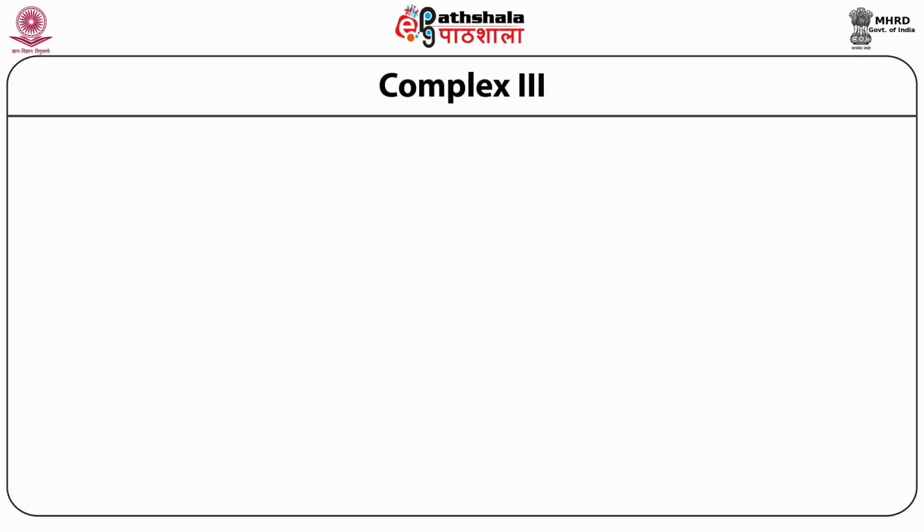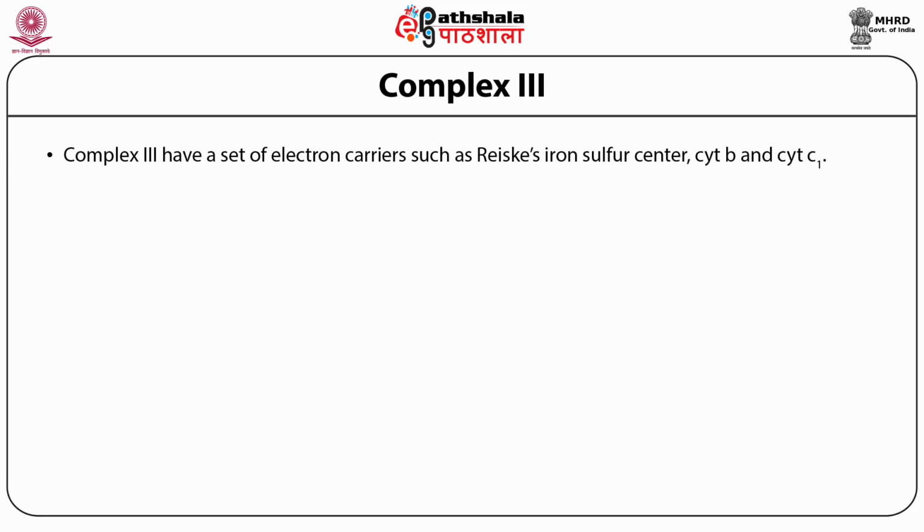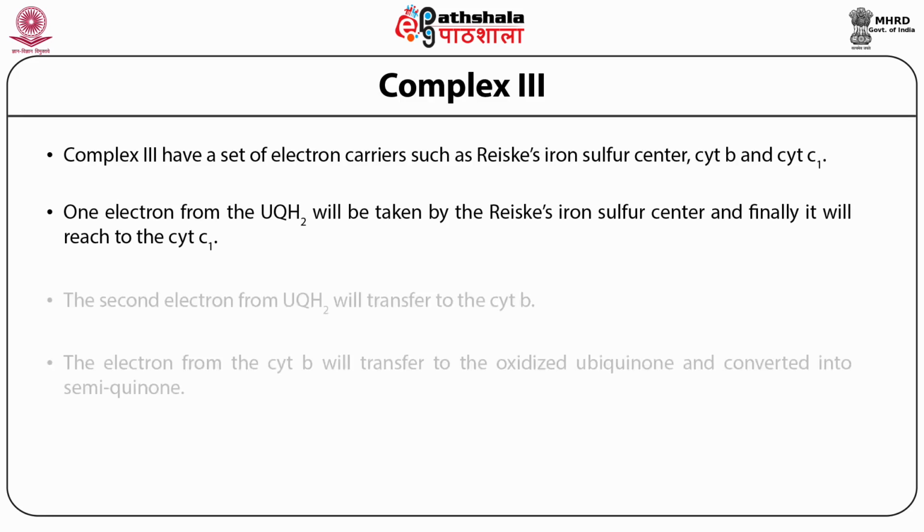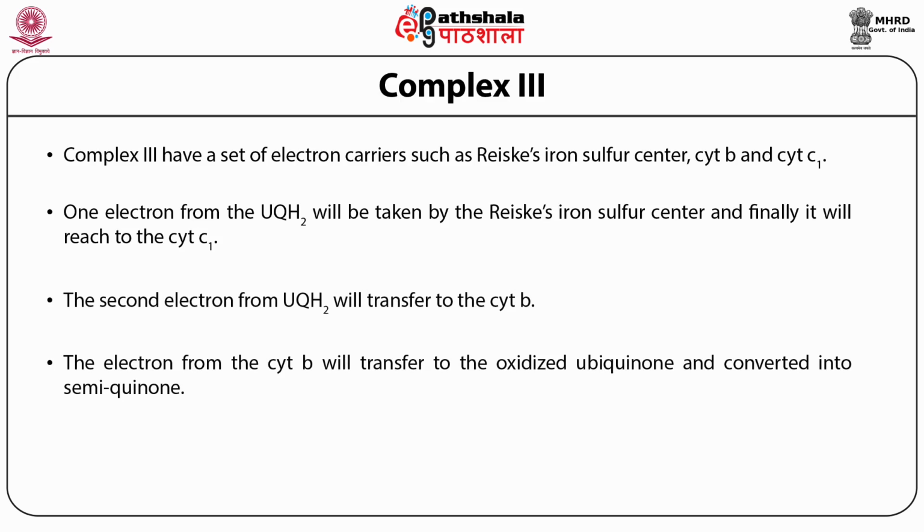Complex 3 has a set of electron carriers such as Rieske iron sulfur center, cytochrome b, cytochrome c1, and cytochrome c. They are all involved in the electron transfer of complex 3. One reduced ubiquinone gives its electron to the Rieske iron sulfur center and finally to cytochrome c via cytochrome c1, and the second electron of ubiquinone is transferred to cytochrome b, which finally produces a semiquinone.